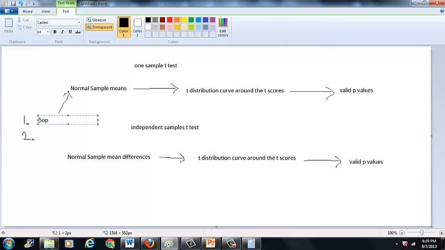If the population being studied is normal, or when data is collected from at least 30 people.